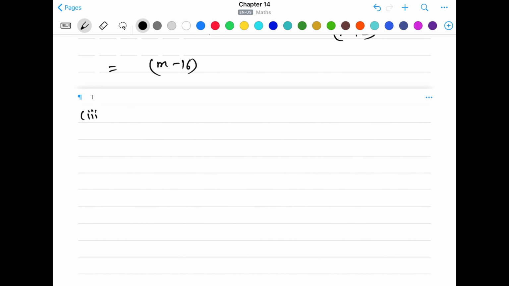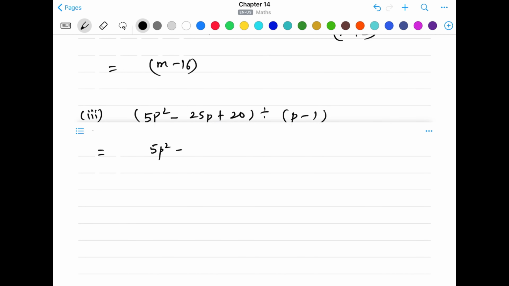We have 5p square minus 25p plus 20, which is to be divided by p minus 1. Okay, so this will be 5p square minus 25p plus 20 divided by p minus 1.